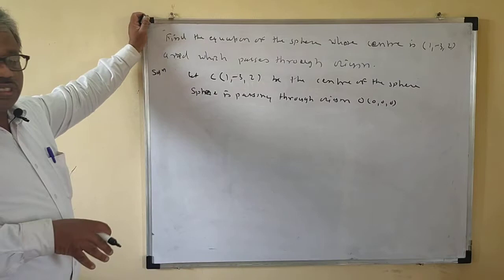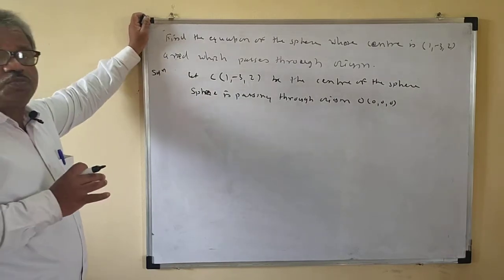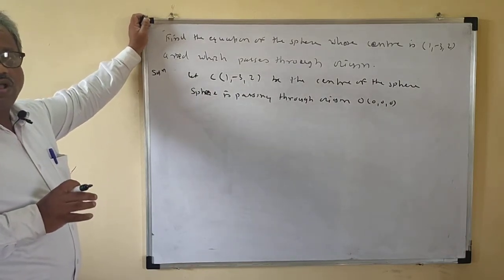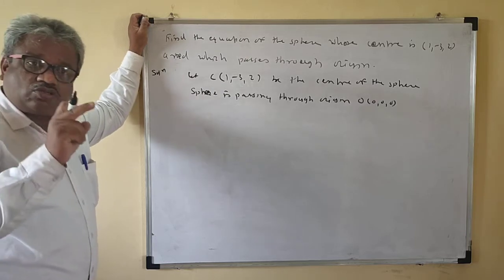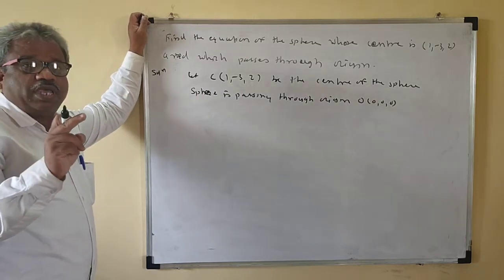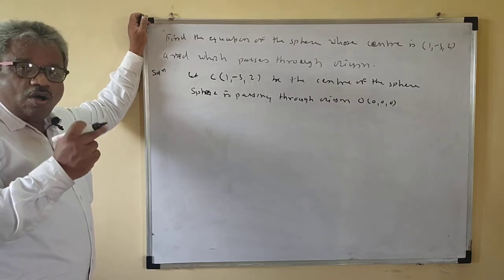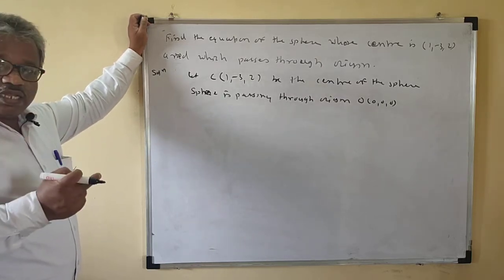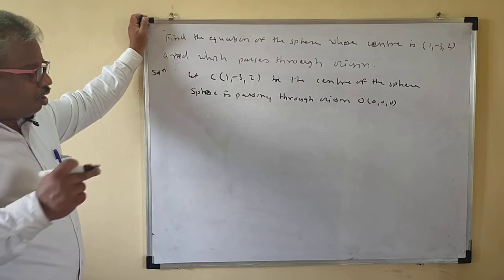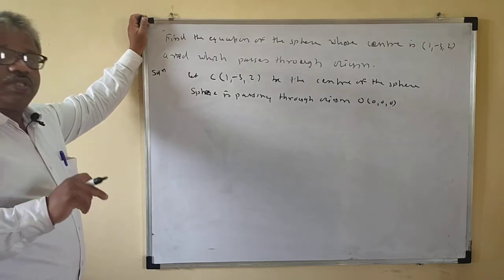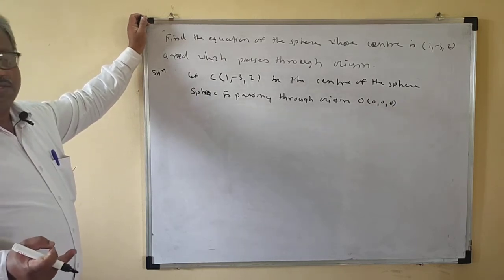It is passing through the origin. That means the origin lies on the sphere. And the distance of any point of the sphere from the center of the sphere is the same as the radius of the sphere.